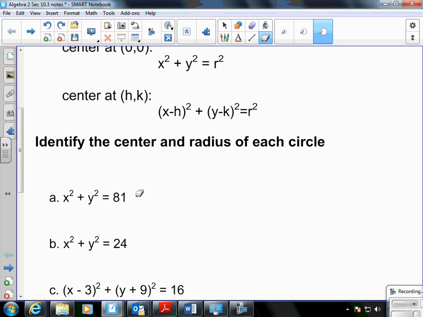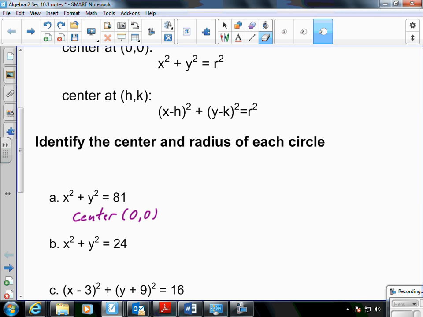So, fairly simple to start out. We've got x squared plus y squared equals 81. They're asking us to identify the center and radius of each circle. Since there is no h or k, it's just x squared plus y squared, we know the center is at the point 0, 0.